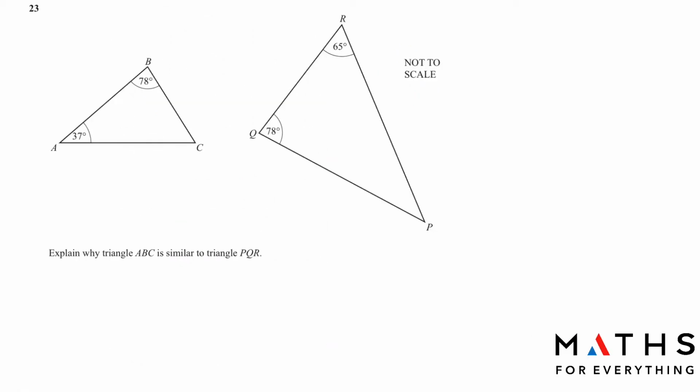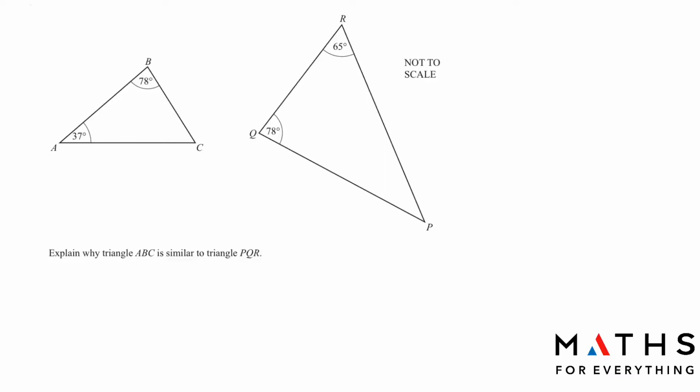Question number 23. We have been given two triangles ABC and PQR. The question is why triangle ABC is similar to triangle PQR. If two triangles are similar, it means their angles are same.